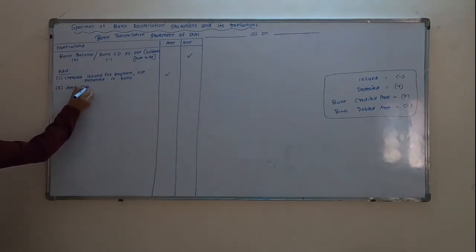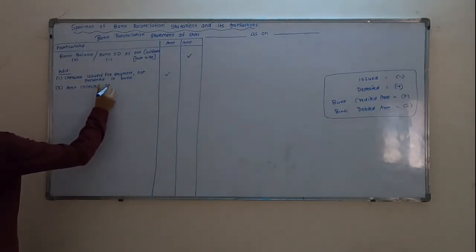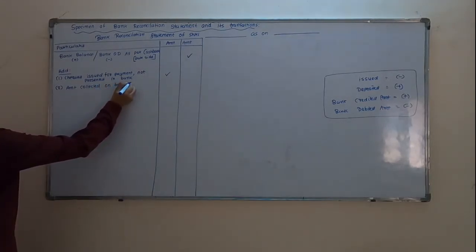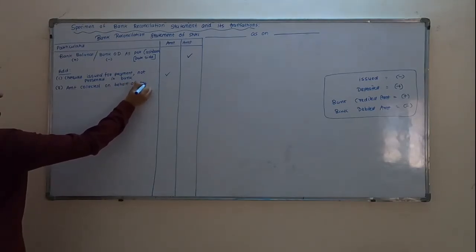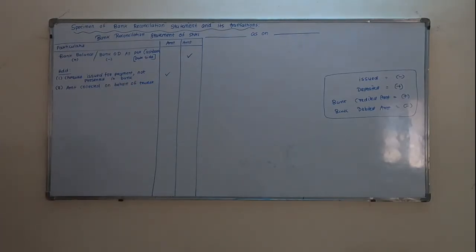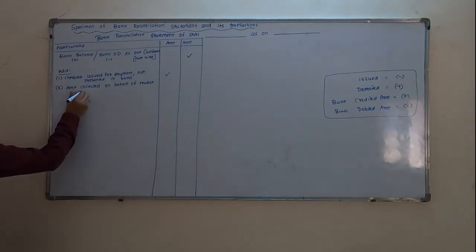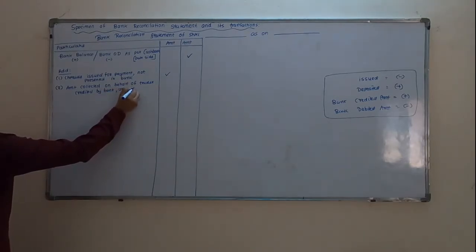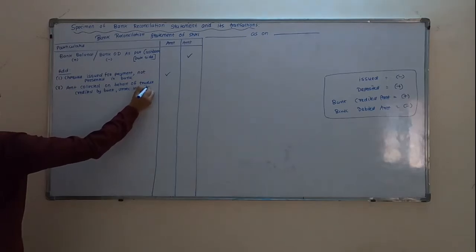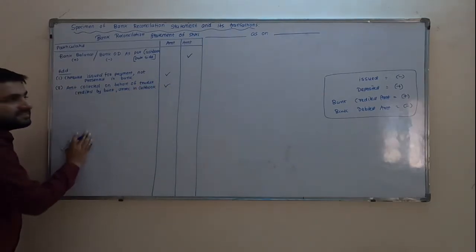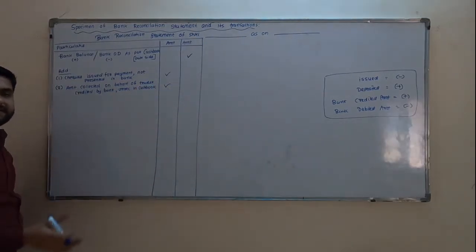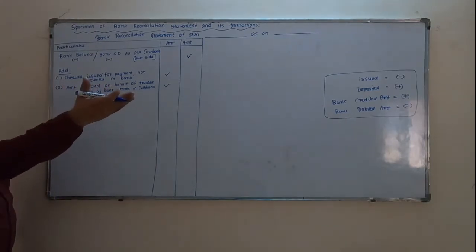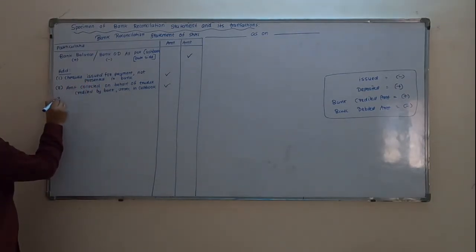So amount collected on behalf of trader, credited by bank, comma, unrecorded in cash book. So bank is collecting, bank is crediting, means bank is adding. What we have to do now, do what others have done. Bank has added, we will also add.